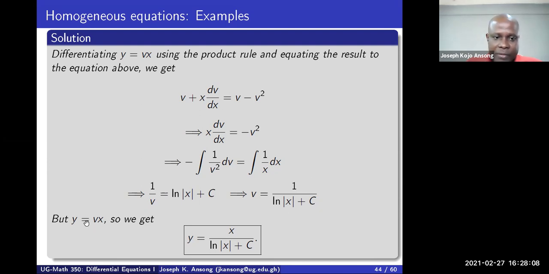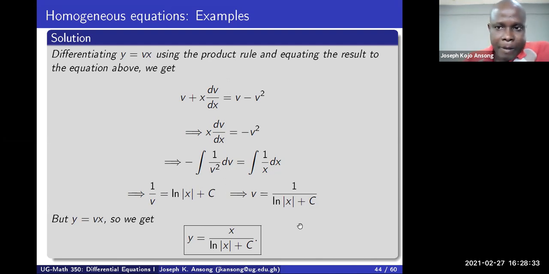But we know v is y over x, or if you like, y is v times x. So y will just be equal to, I'm just going to take this and multiply by x. That gives me x over ln x plus c. So that gives me the solution to the differential equation. Okay, so that is how you solve that problem.